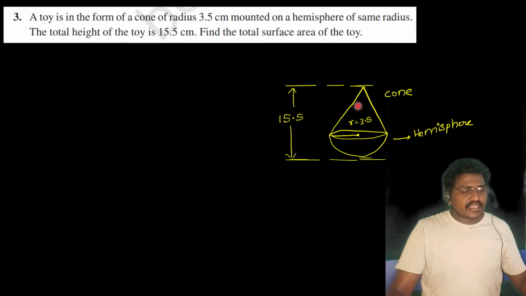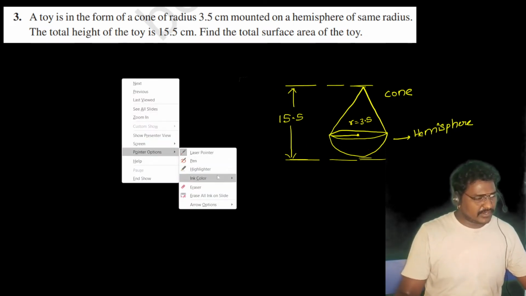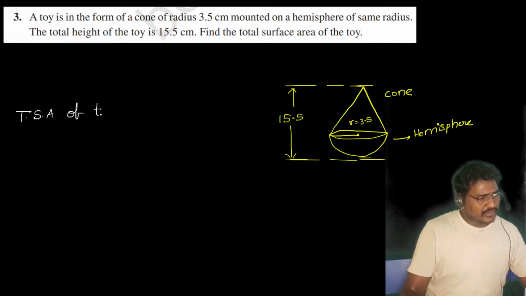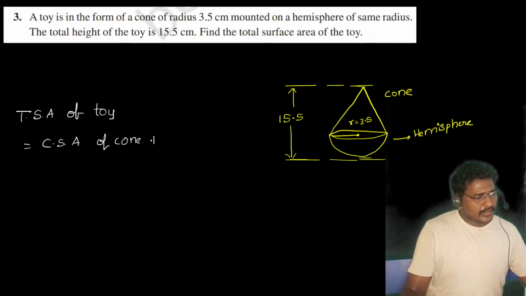Now see here. Here the total surface area of the toy means CSA of cone plus CSA of hemisphere. So that is very important. Total surface area of the toy is equal to curved surface area of cone plus curved surface area of hemisphere.